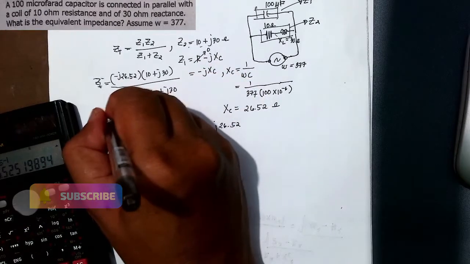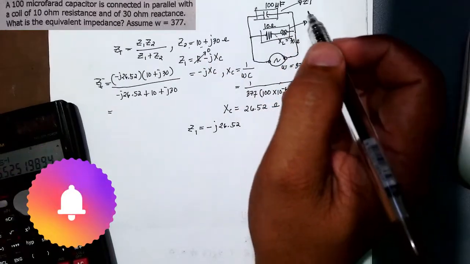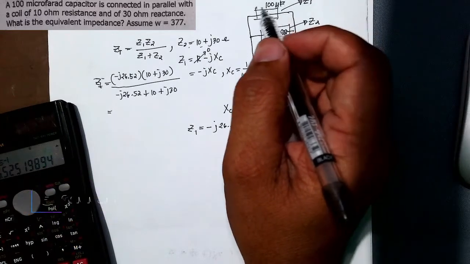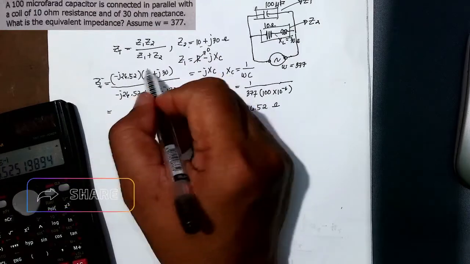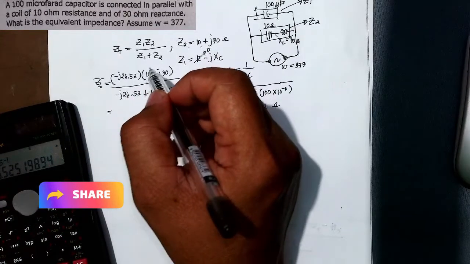Okay, so we simplify it first, but it is much better for us to convert this to polar form, the numerator part.